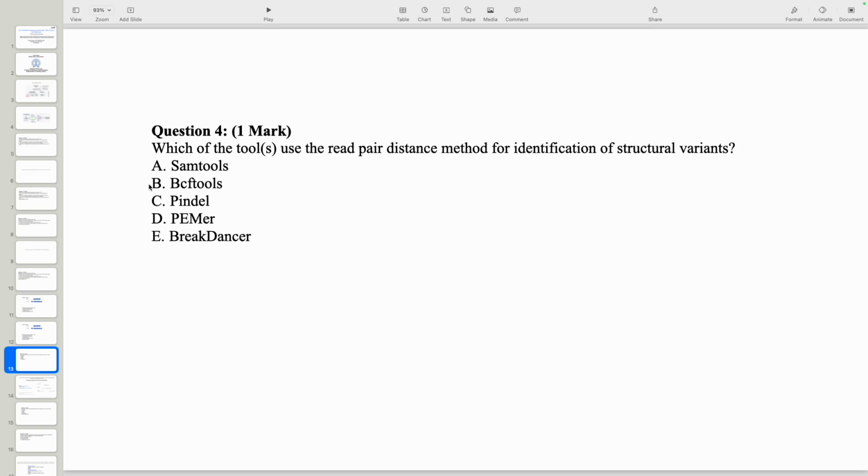So what are those tools which are able to identify these read pair distances? So here are some options given. You need to select options from them.